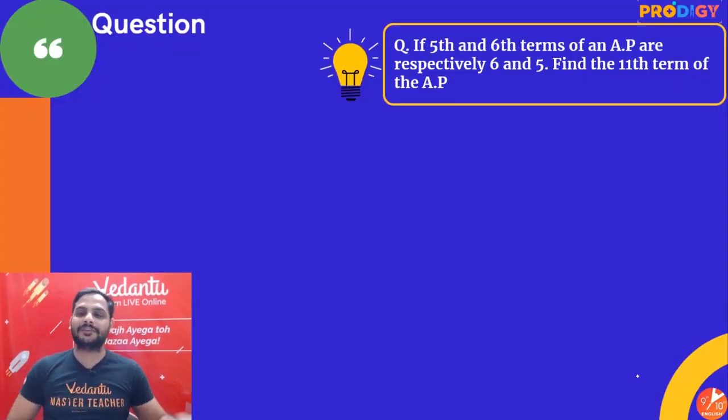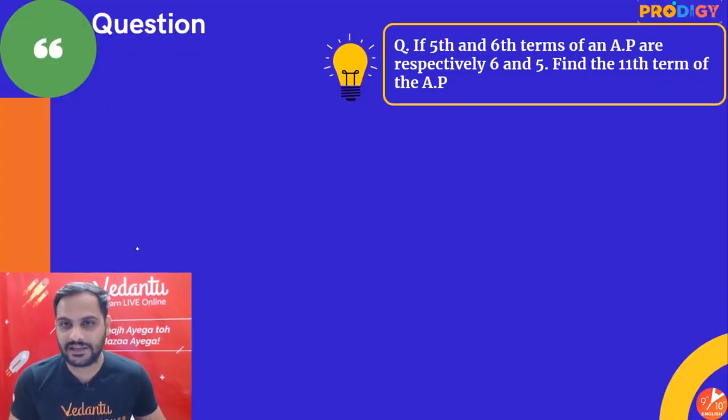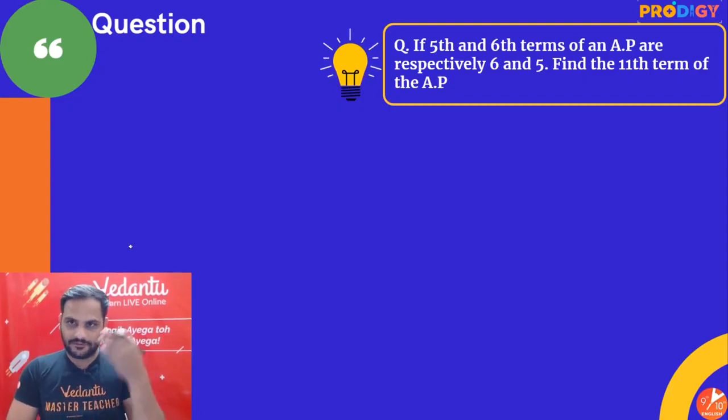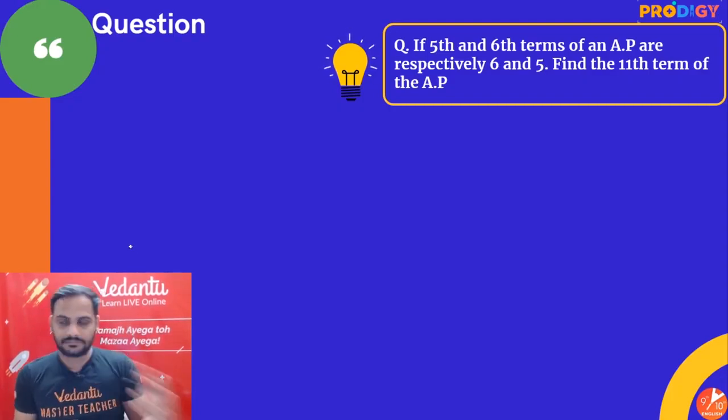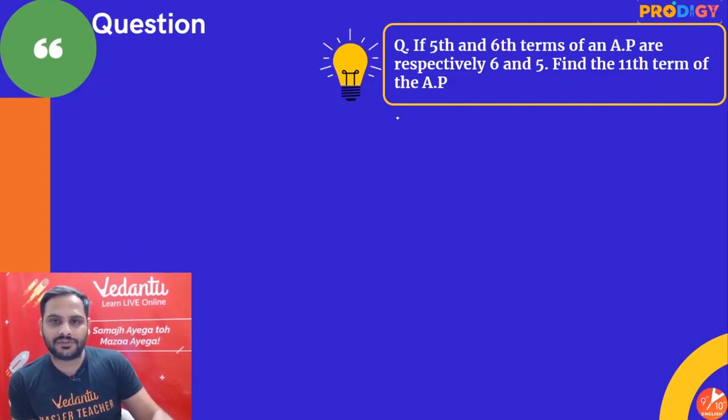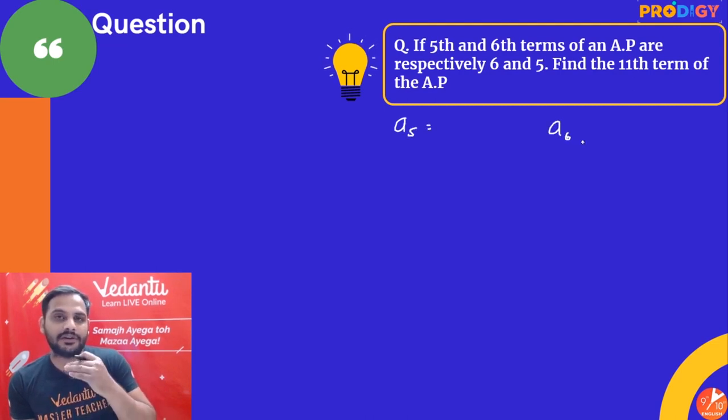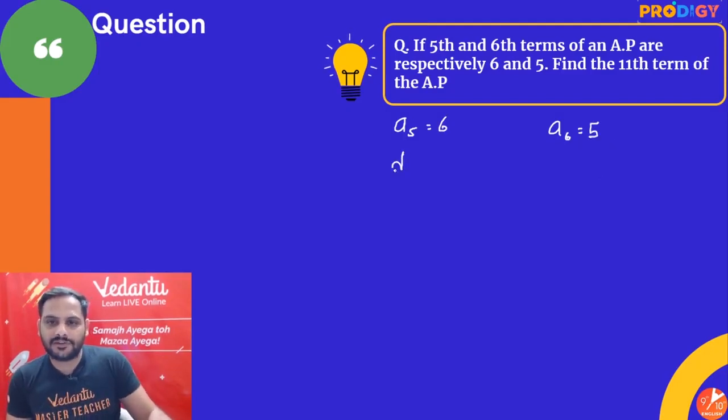Okay, next question. If the fifth and sixth terms of an AP are 6 and 5, find the 11th term of the AP. Now here, we don't know what the first term is and we don't know what the common difference is. The only thing we know is the fifth term is 6 and the sixth term is 5. Now I know common difference can be written as sixth term minus fifth term.